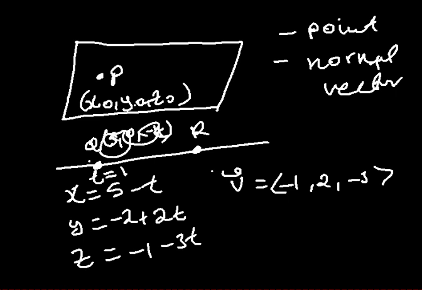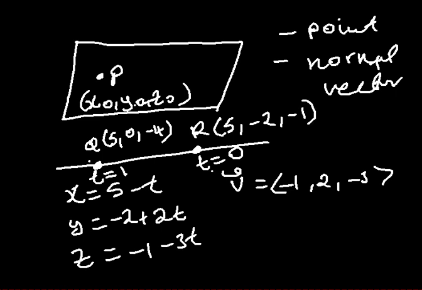These are the coordinates at the point Q. Then at the point R, let's say the value of t is 0. In this case, we'll have the coordinates given as 5, -2, and -1.